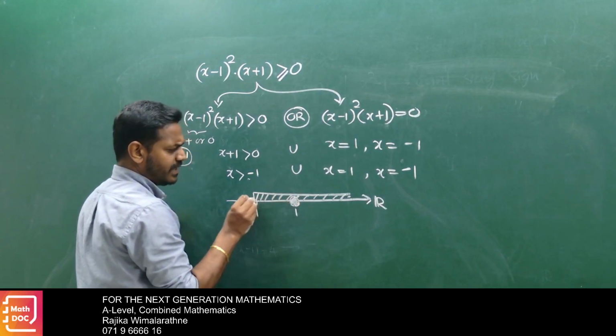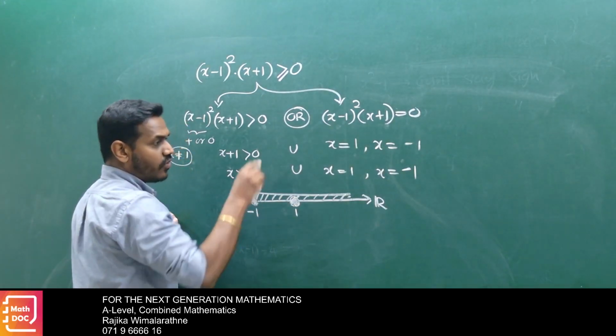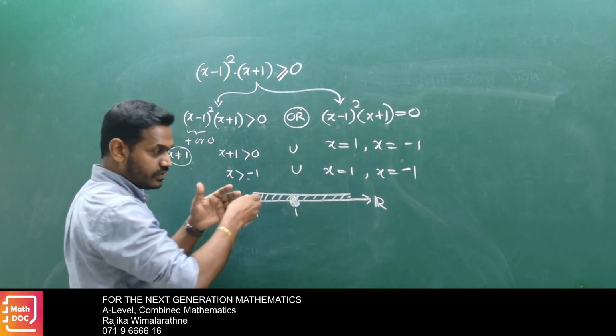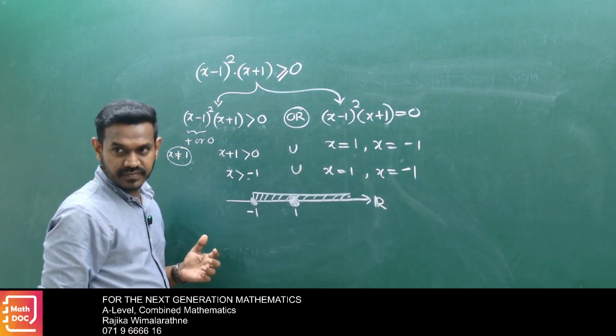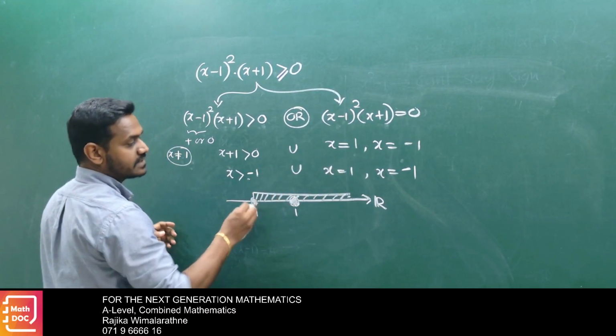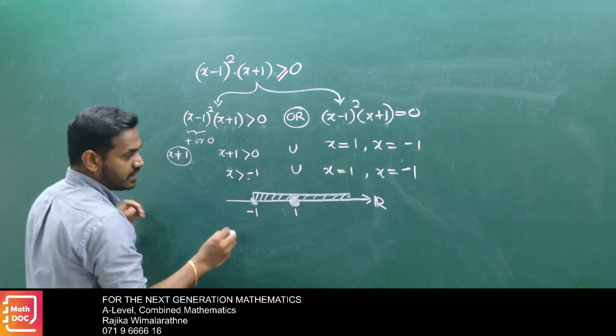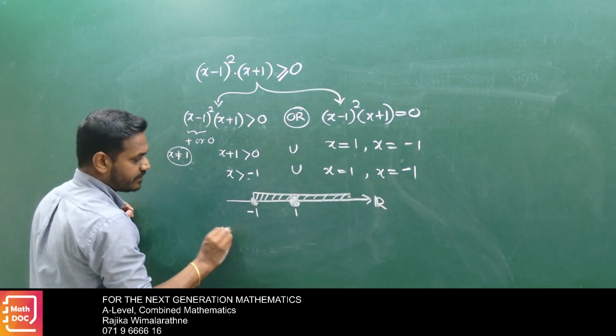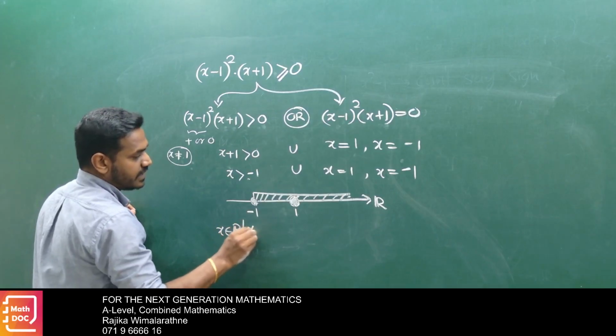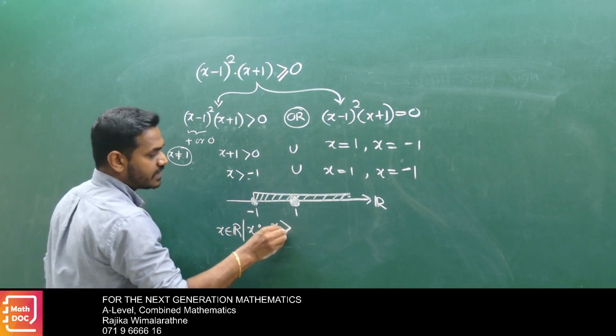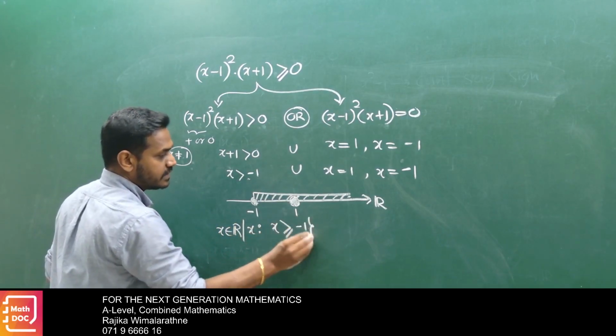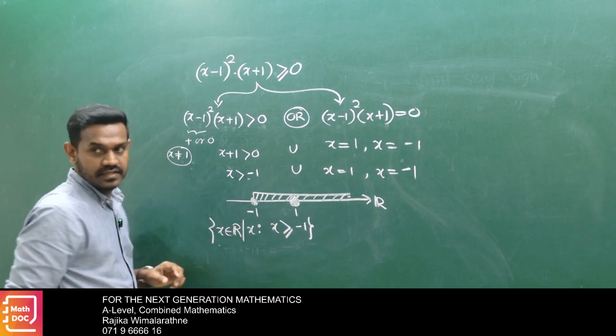Then "or" means all together, no? Then the full shaded region will be the answer, that is x greater than or equal to minus 1. So x is an element of the real set, x such that x greater than or equal to minus 1. Did you get it? Okay.